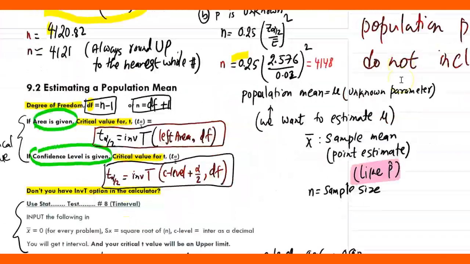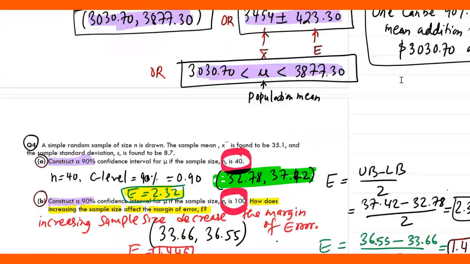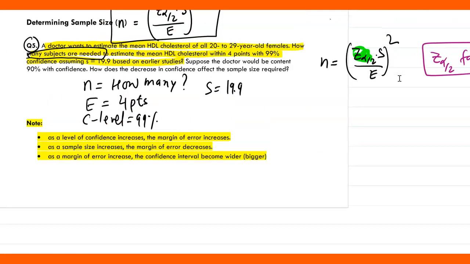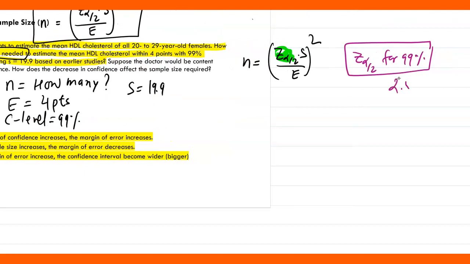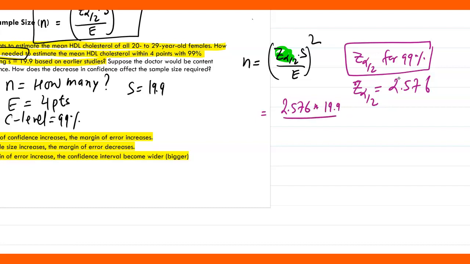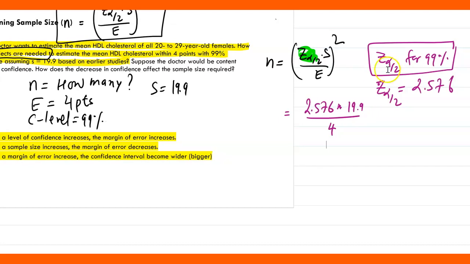Therefore, I'm going to use that critical value in this case. 2.576 times s, which is 19.9, divided by the margin of error, which is 4. Remember, it's 4 points, not 4%. I use just 4, to the power of 2.